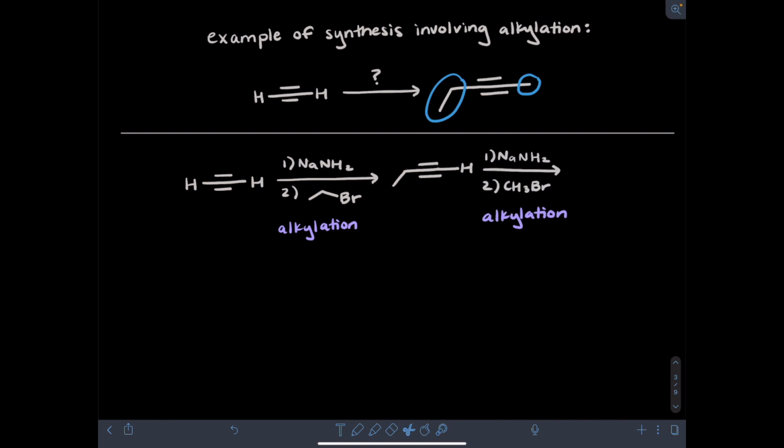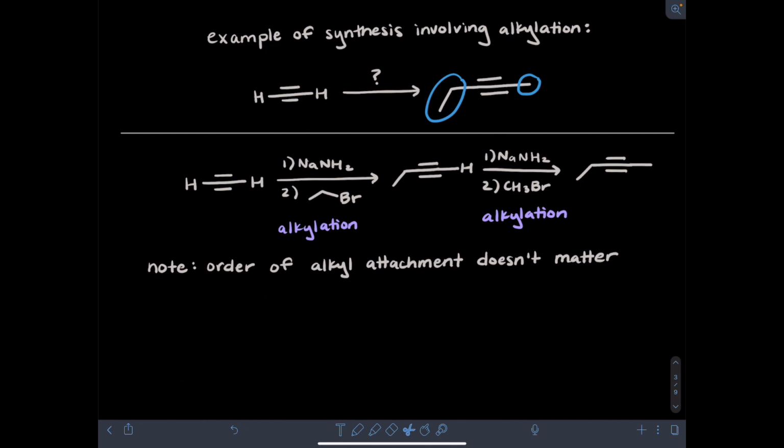In order to install the methyl group shown on the right of my final product up above, I would use another treatment, first with the base NaNH2, and now in the second step, I would be using bromomethane, a 1-carbon alkyl halide instead. This second alkylation series would add the second alkyl group to the other side of the alkyne to give the final product.